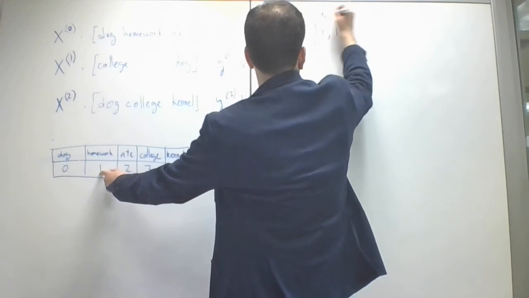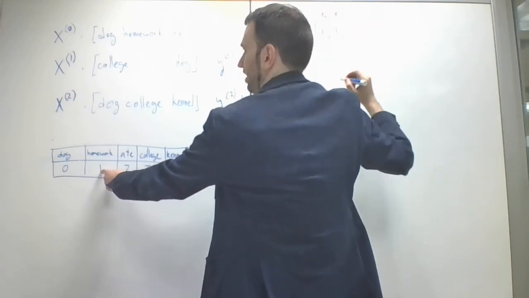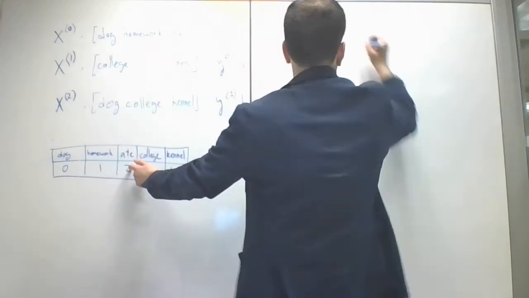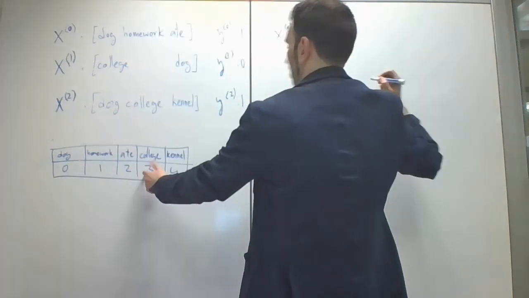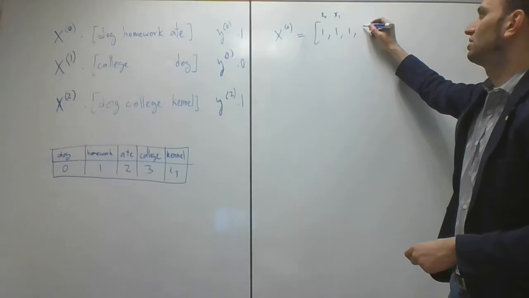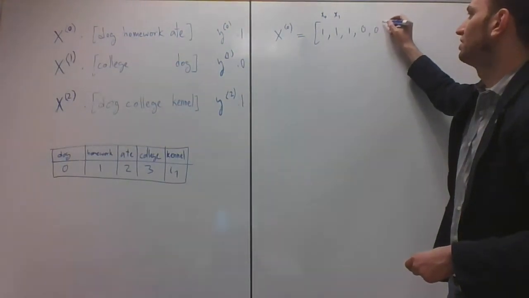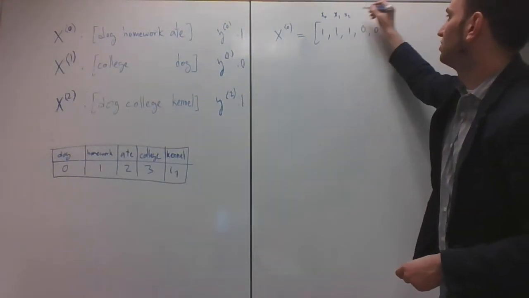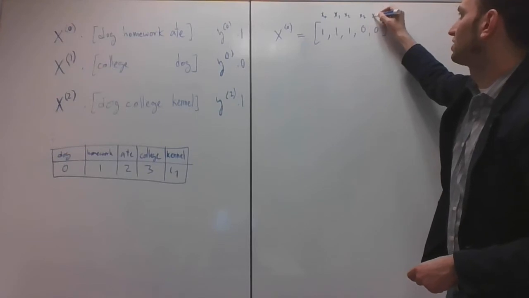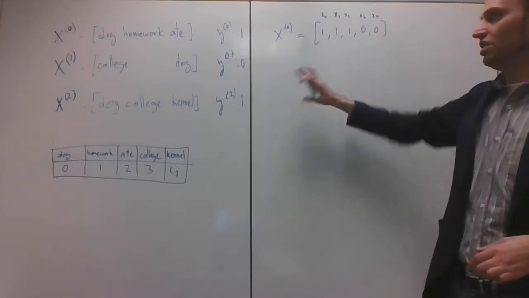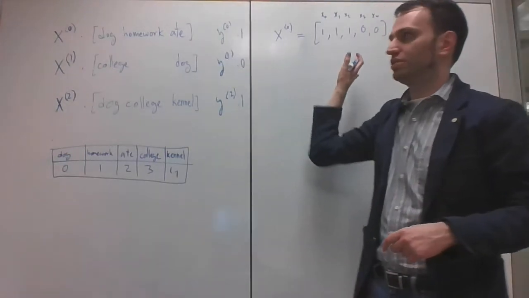And 8 appears there, so this is a 1, but college and canal do not appear in it, so those are going to be 0 and 0. So this is x2, x3, and x4. This is just how we're going to encode this.